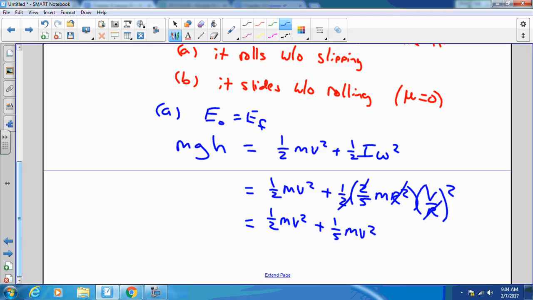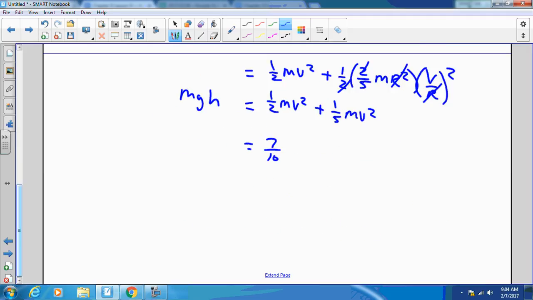The r squareds cancel also. So what I get for my expression for final kinetic energy is 1/2 mv squared plus 1/5 of mv squared, or 7/10 of mv squared. We cancel m on both sides, multiply both sides by 10/7, take a square root, then we get this result right here.